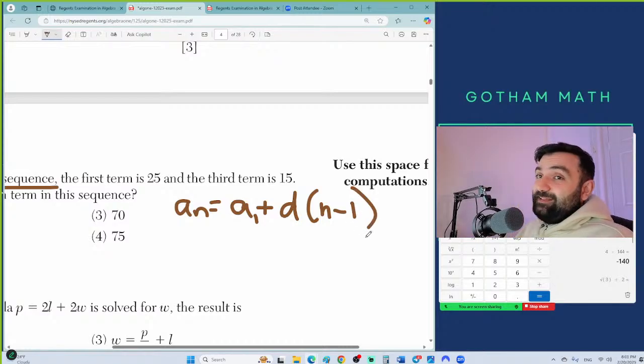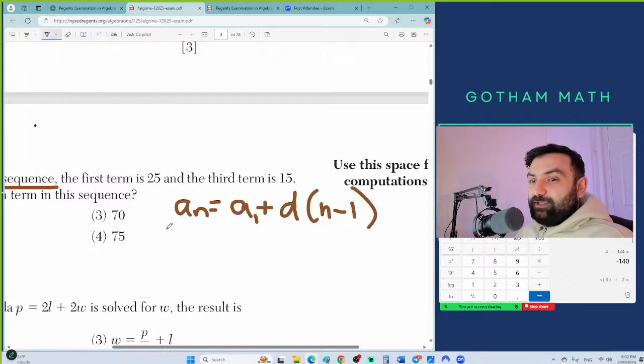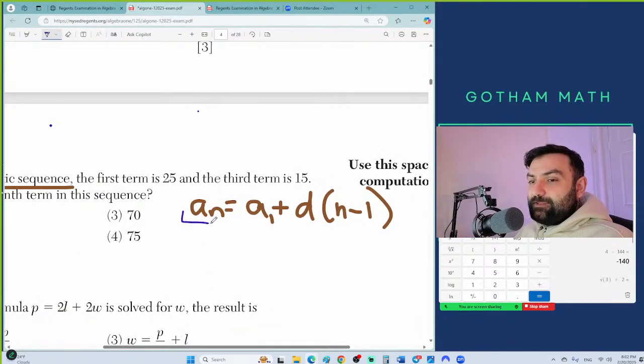I think you need to know what everything is here. I don't know if there's a better way to explain this than just telling you what everything is. AN is the number that's usually asked in the problem, like what is the 15th or 30th term of the sequence.